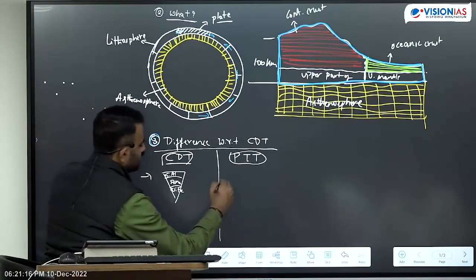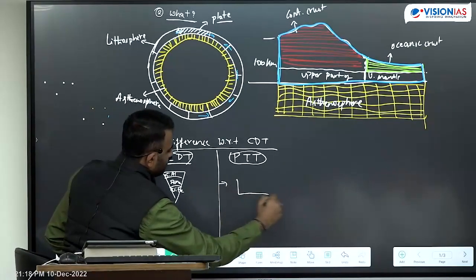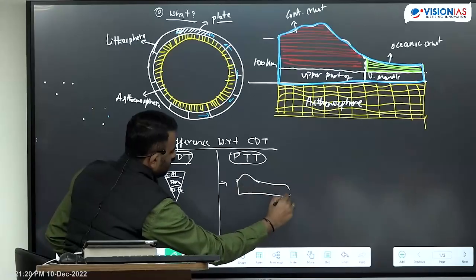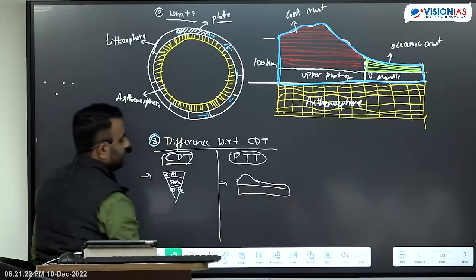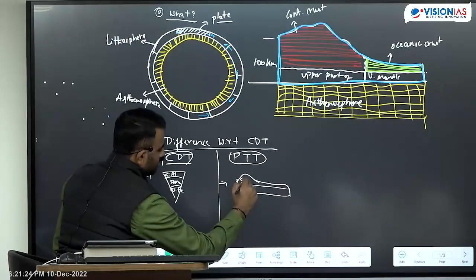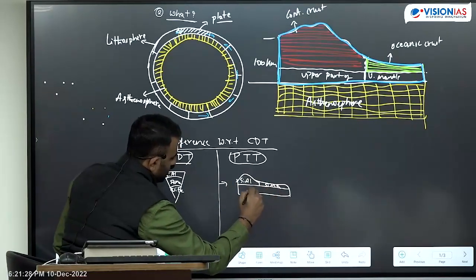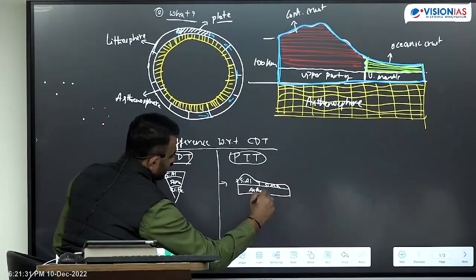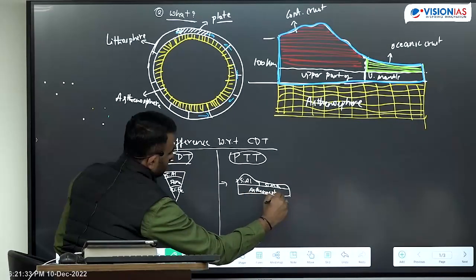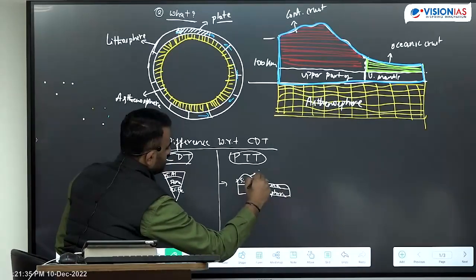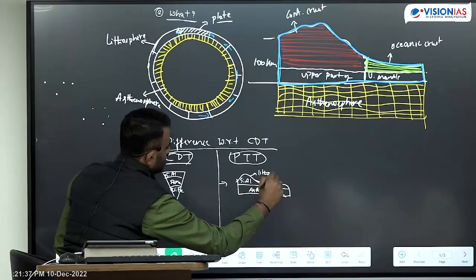Plate tectonics theory says this is Sial, this is Sima, below that asthenosphere. So this is lithosphere.